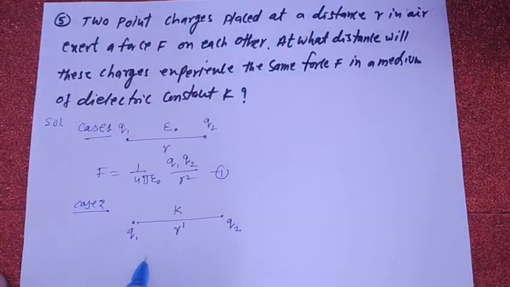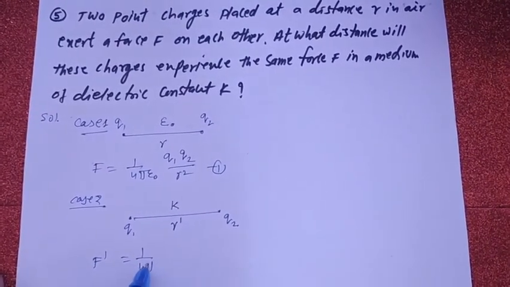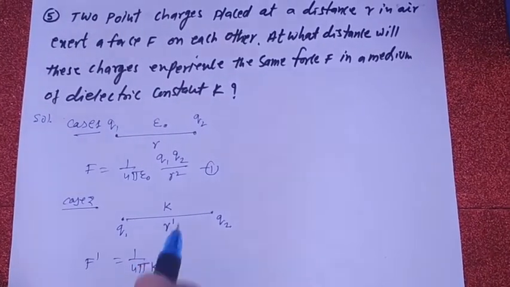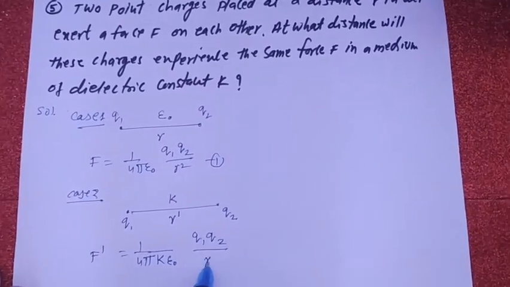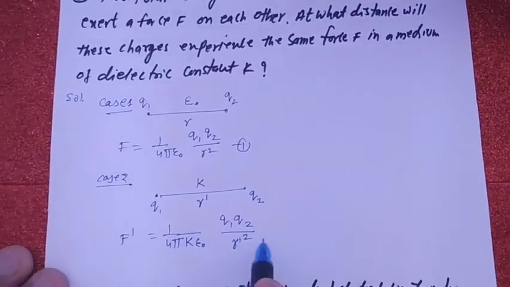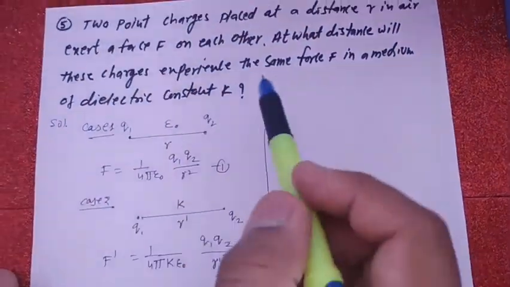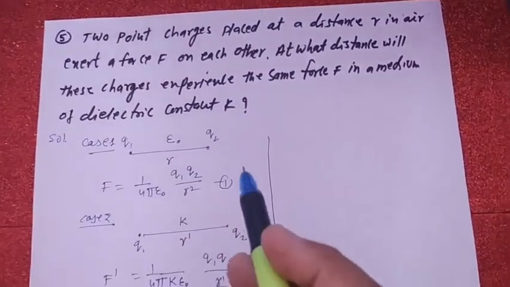In this condition, force F dash equal to 1 upon 4 pi K epsilon naught Q1 Q2 upon r dash square. This is number 2. What is given in the question? The same force F in the medium of dielectric constant K.